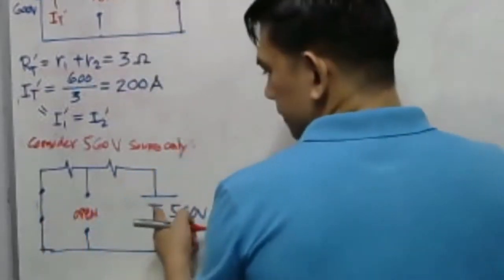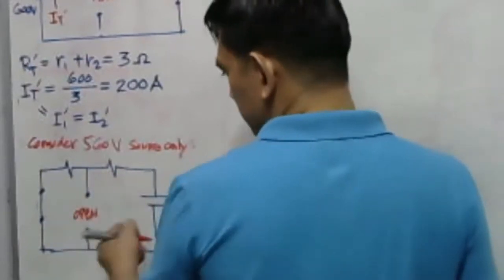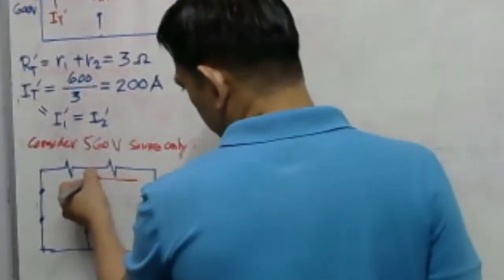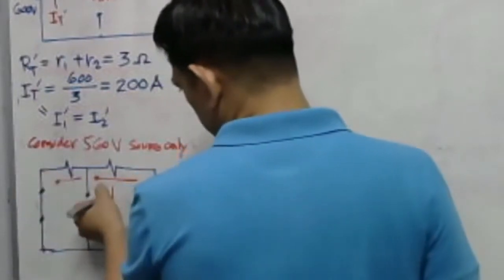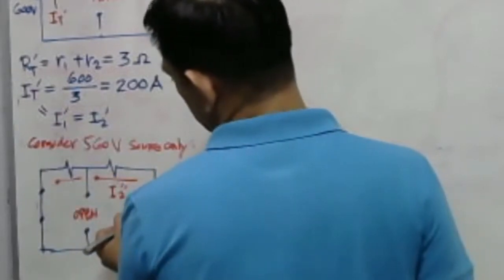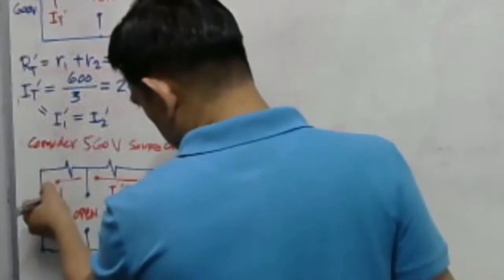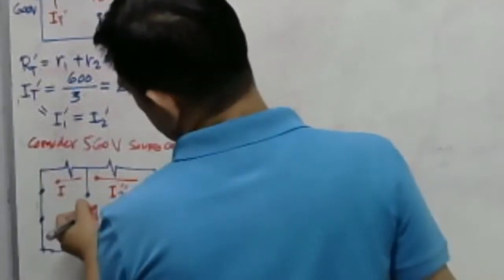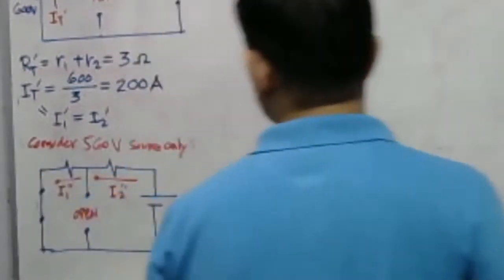Okay. The direction of the current, it must be from positive to negative. So therefore, that will be in counterclockwise direction. Let's go to the right here. So this will be our I2 double prime. Okay. So this will be our I1 double prime. Okay.